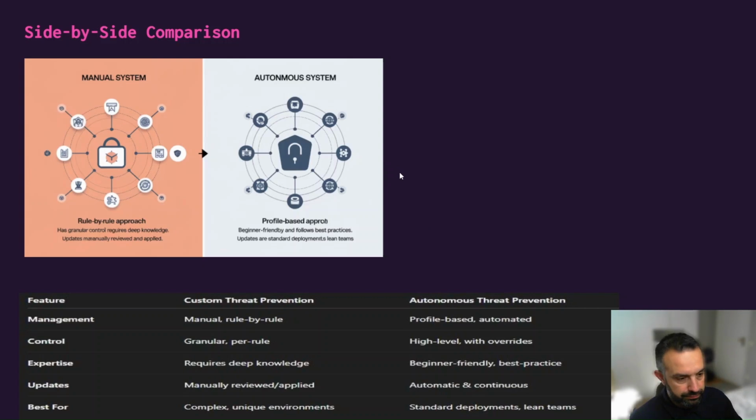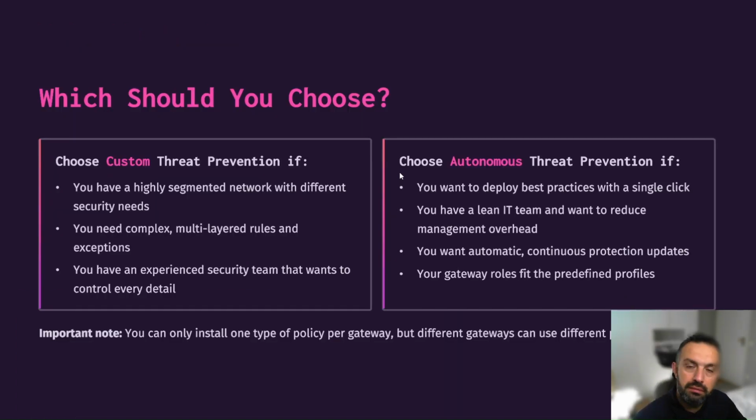So which one should you choose? Let's summarize. Choose custom threat prevention if you have a highly segmented network with different security needs for each segment, you need to create complex multi-layered rules and exceptions that a profile can't cover, or you have an experienced security team that wants to control every detail of the policy.